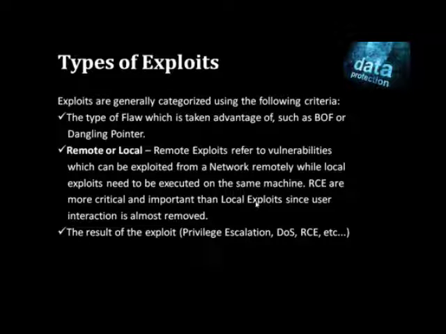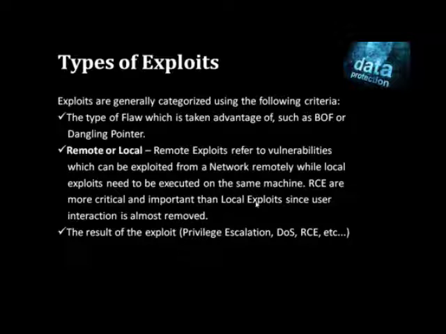Now, based on the type of environment, it is important that exploits be classified into different types. That helps the penetration tester to accommodate several variables in a penetration test, which helps him to conduct a thorough penetration test. Exploits are generally categorized using the following criteria, such as the type of flaw that is taken advantage of, such as BOF or dangling pointer, and whether it is remote or local.